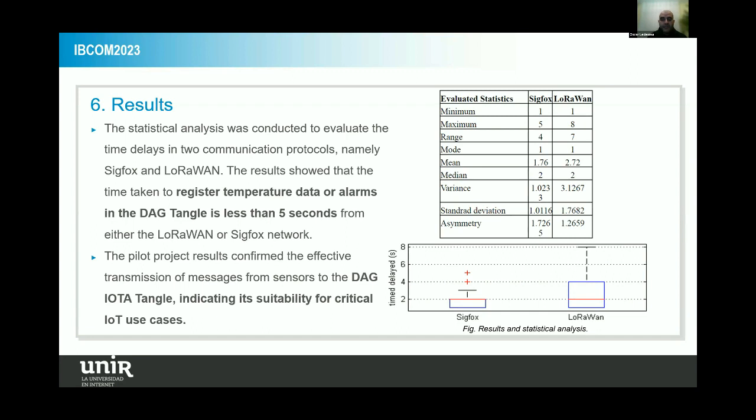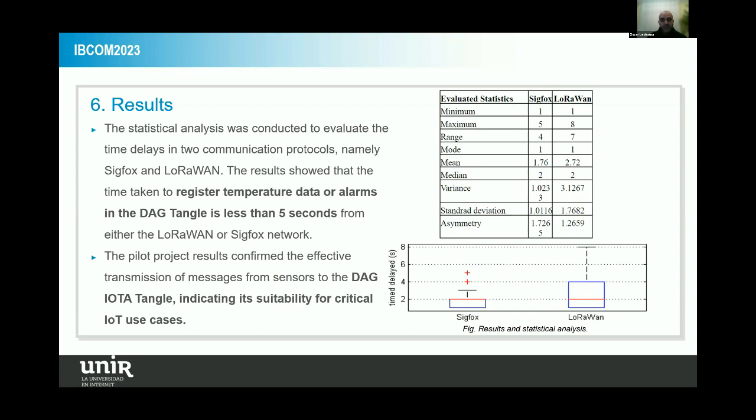This analysis was visually represented in a probability distribution chart, which you can see here. The chart provides a graphical representation of the data recording time in the DLT using Sigfox or LoRaWAN, allowing for a clear visualization of the distribution and characteristics of the time delay data for each protocol.